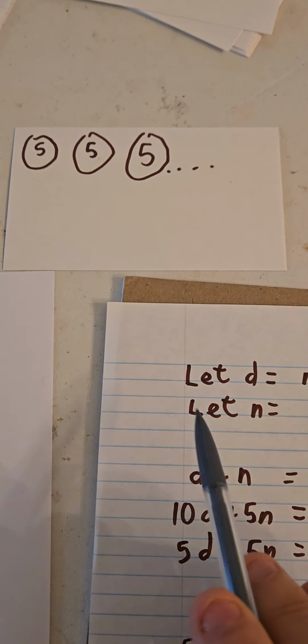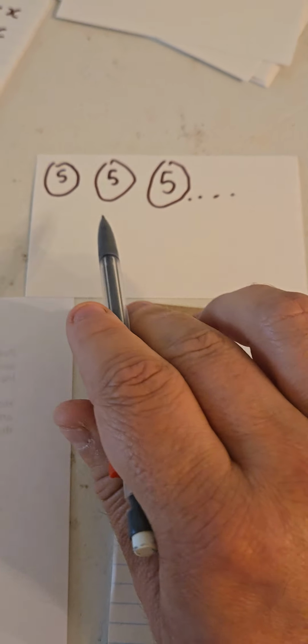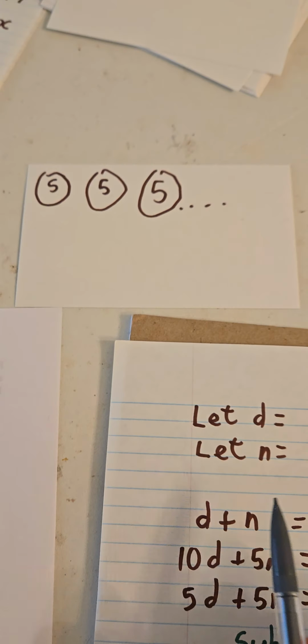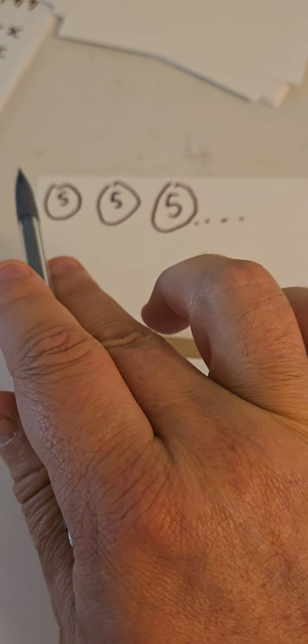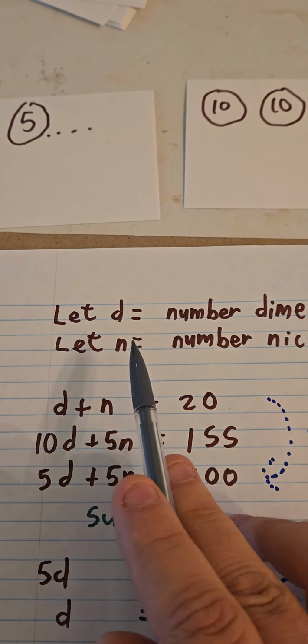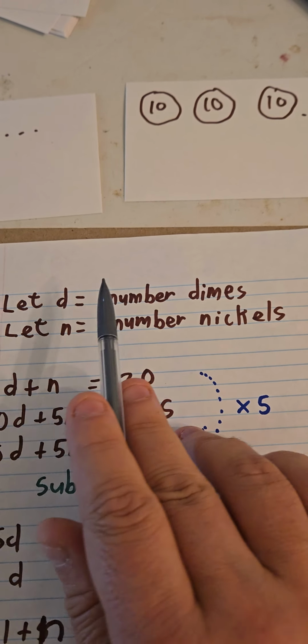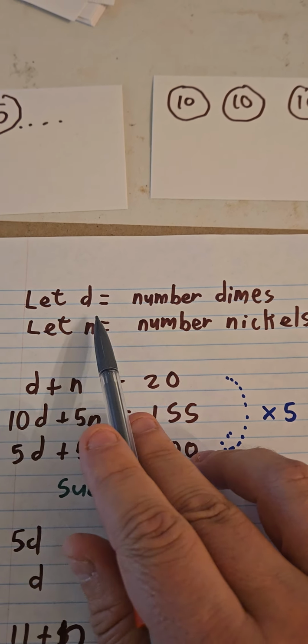Same thing with N: how many nickels. Let's say I've got all the nickels sitting on this card. I just drew 3, but that doesn't mean the answer is 3. I add up those nickels, 1, 2, 3, 4, 5, and that's what N represents. I'm using letters because I don't know the true answer yet. That's what I'm solving for.